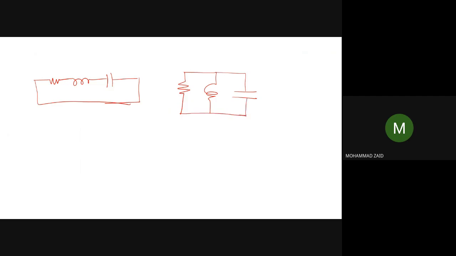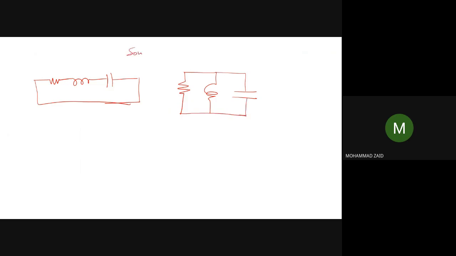Only the values of alpha change, that is, omega naught is always fixed. So either you have a series R, L, and C circuit, source free, or a parallel RLC circuit. We have both combinations.